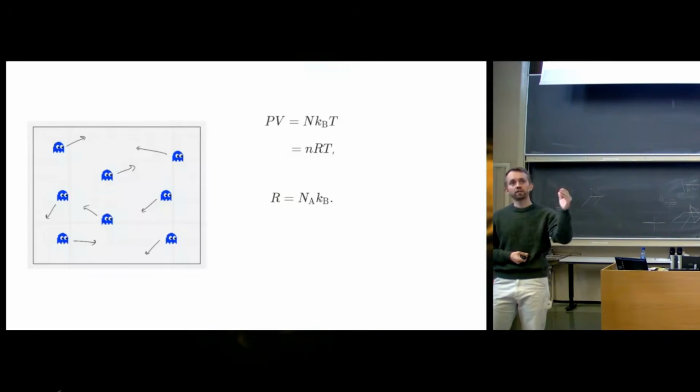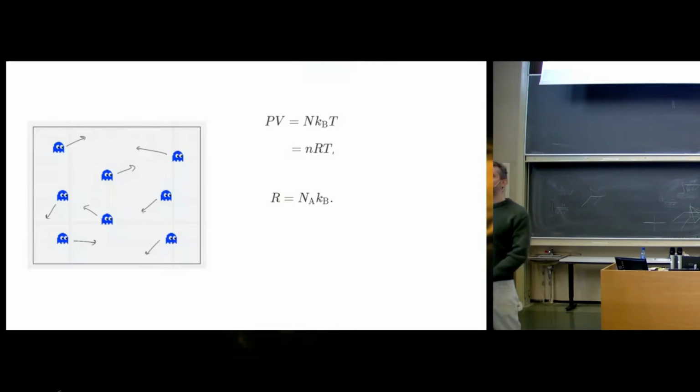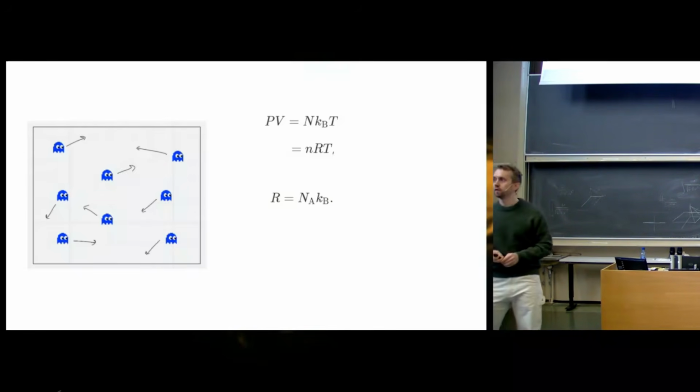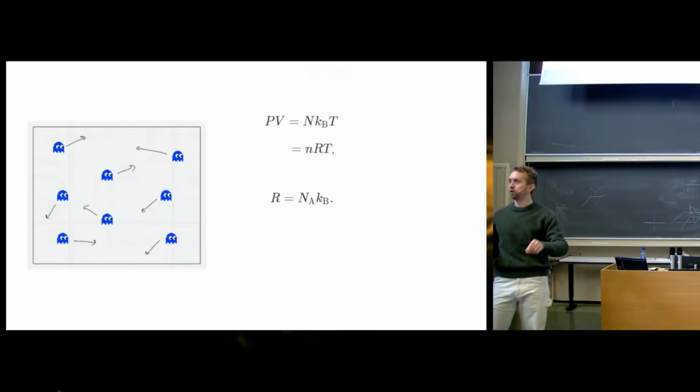And what does it mean for the gas to be ideal? It means that the particles in the gas are essentially moving around as ghosts, that is, not interacting. So when you say I assume the gas is ideal, you're assuming the particles are just moving through each other, not interacting with each other.